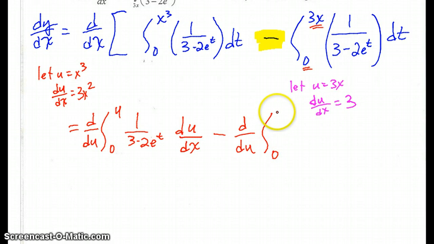And now it gets a little confusing with the u, so my suggestion is you may want to change this to w, just so we have a slight difference, and then you can tell the two integrals apart from one another.